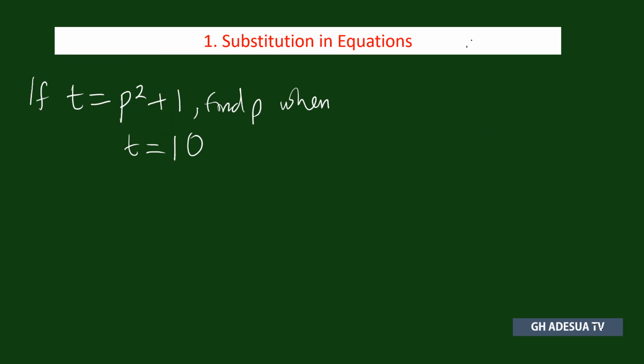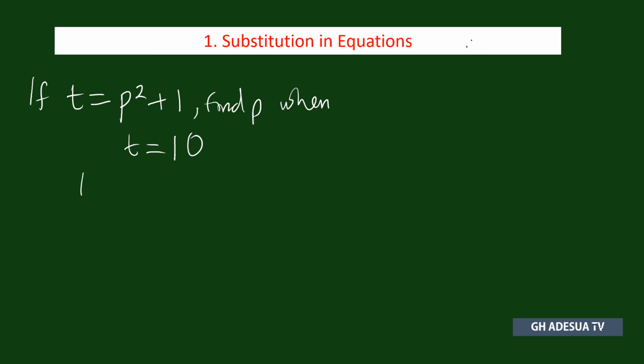Now in this example, it says if t is equal to p squared plus 1, find p when t is equal to 10. Now 10 has been given, so you put it into the equation.